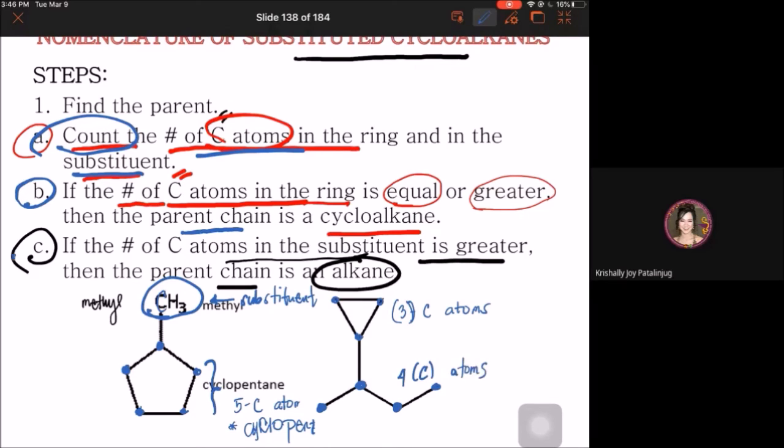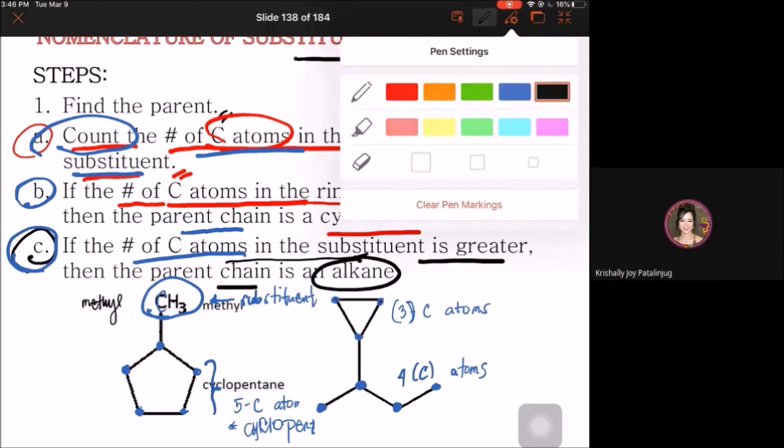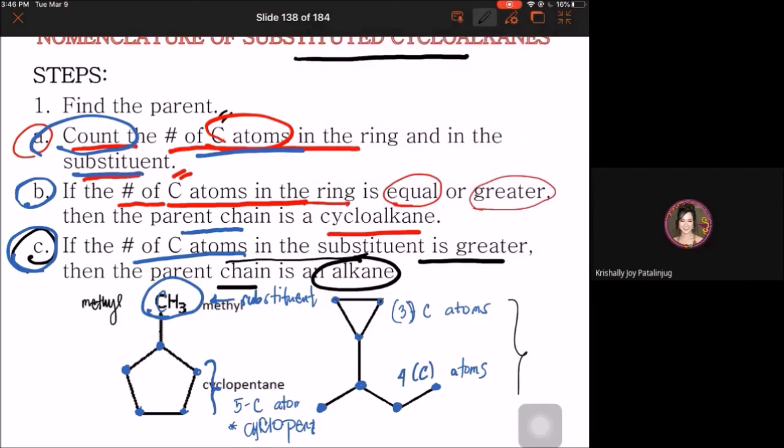So, apply letter C. If the number of carbon atoms in the substituent is greater, it becomes the parent. This means the molecule is an alkane overall. And what is that alkane when it has 4 carbons? Very good. That is butane. And what happens to the ring?